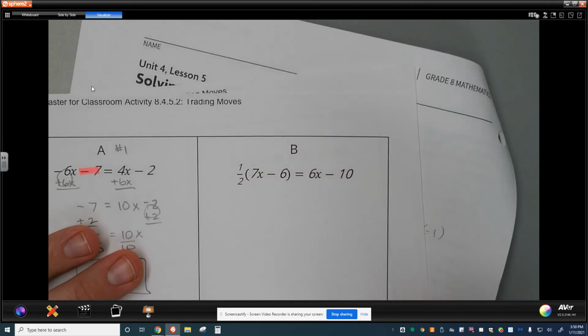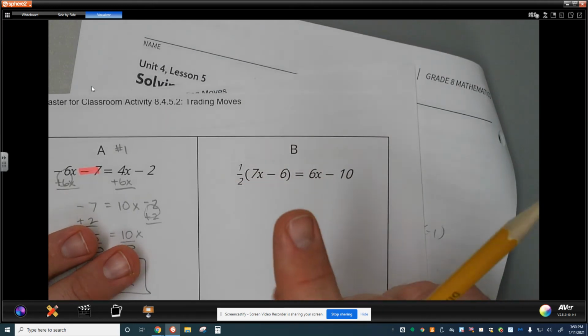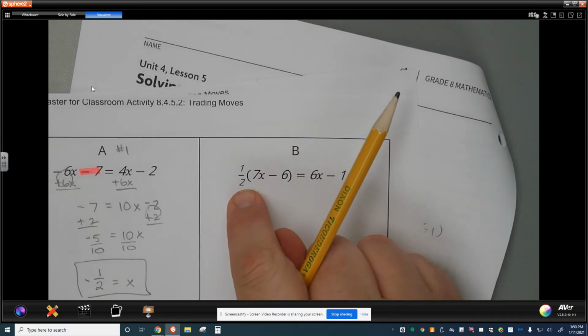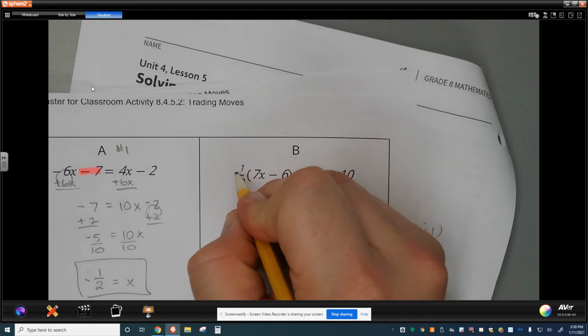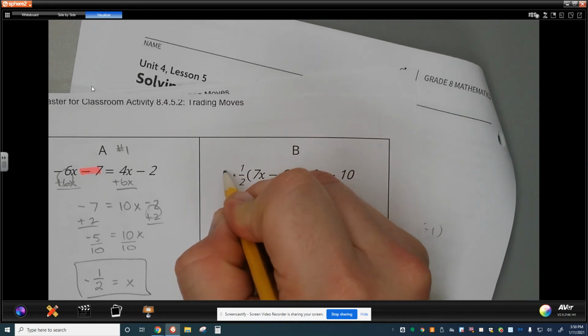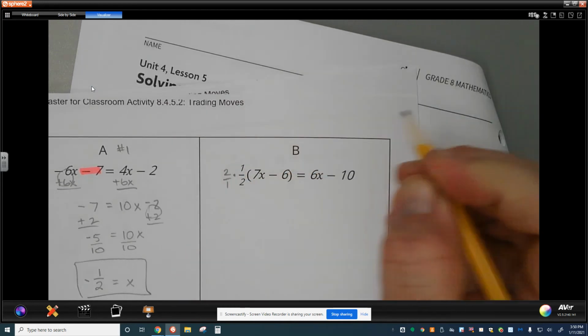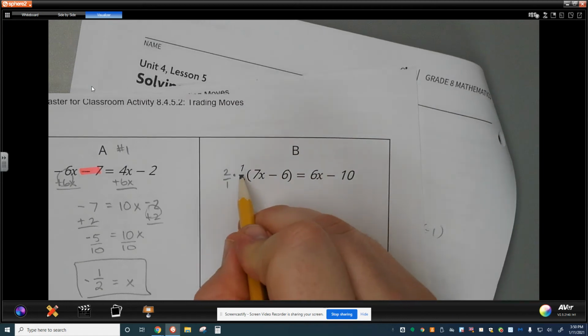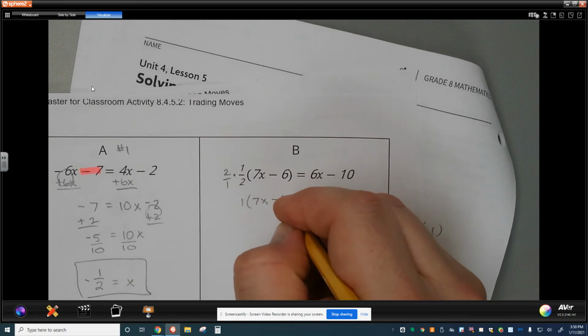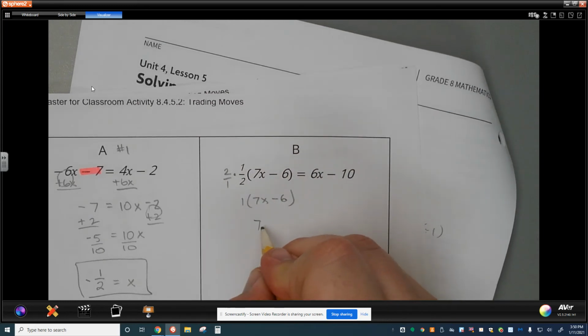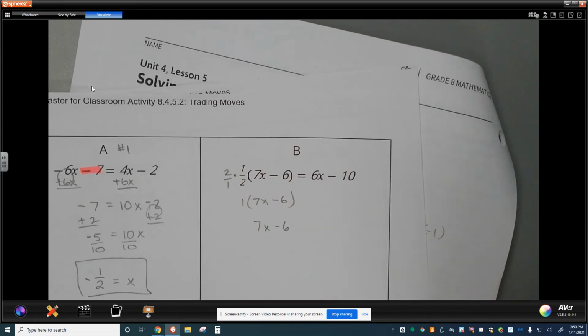I can work with that reciprocal to be able to get that back to a whole number. With this value, if I multiply times 2 over here, or 2 over 1, I know that 2 times 1/2 is 1, so that makes that 7 times x minus 6, which is just simply 7 times x minus 6.